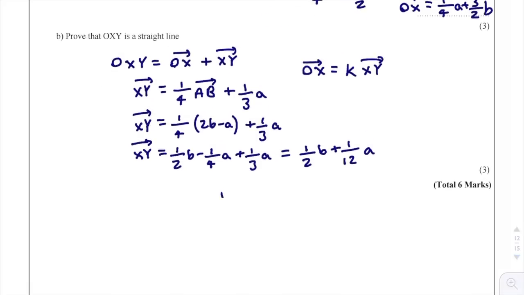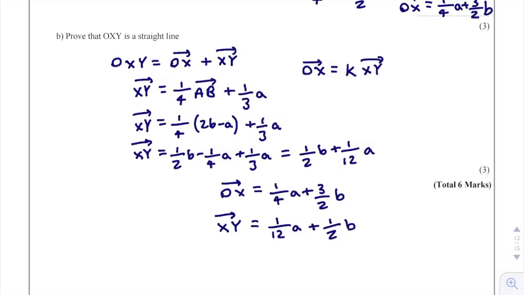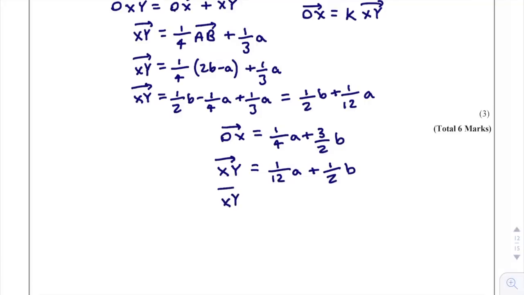So let's compare vector O to X, which is a quarter A plus 3 over 2B, with the vector X to Y, which is a 12th of A plus a half of B. Can you see, if I take out a third from XY, a third times something gives me 1/12 of A. Well, that is a quarter A. Then plus a third times something gives me 1/2 of B. Well, that is 3/2 of B. So that constant k is a third, because they've got the same direction: a quarter A plus 3/2 of B.